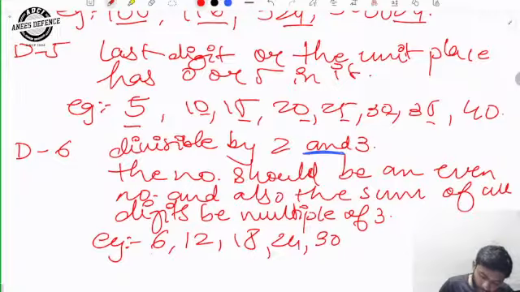The unit place digits are 6, 2, 8, 4, 0. The divisibility test of 2 says that the unit place should have 0, 2, 4, 6, or 8.